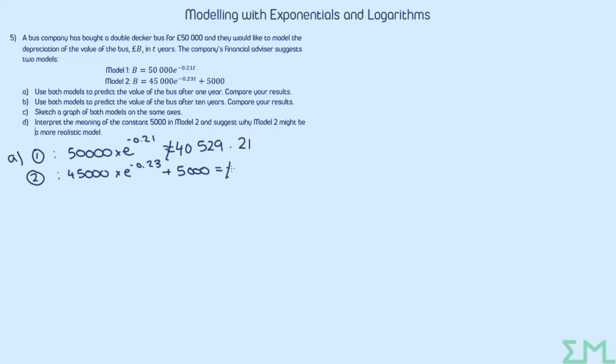And then for model 2, we get £4,754 and 1 pence. Okay, so the comparison then would be that we get a similar value for both models, but we do have that 2 slightly higher.